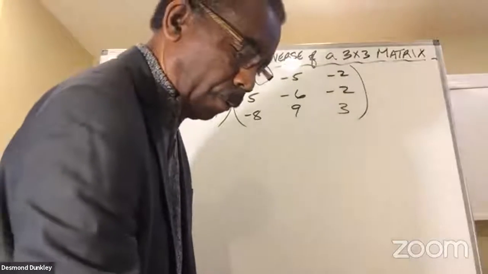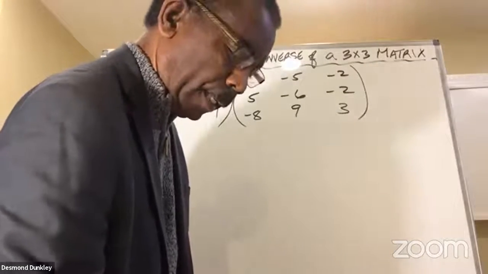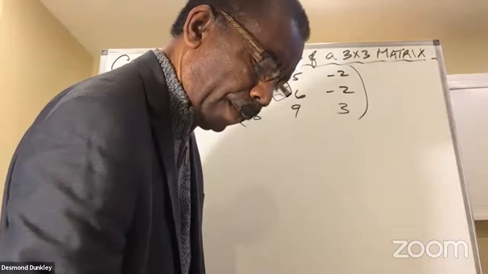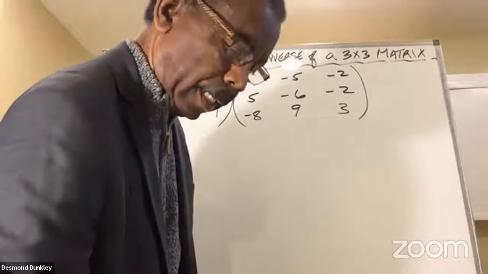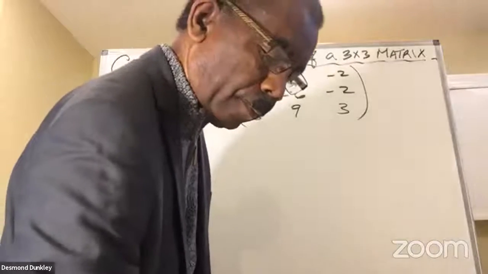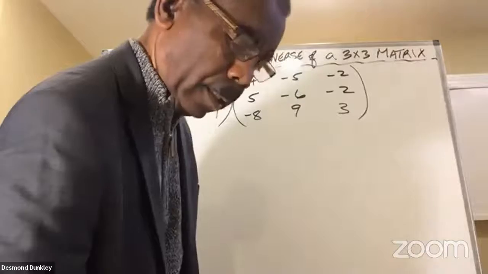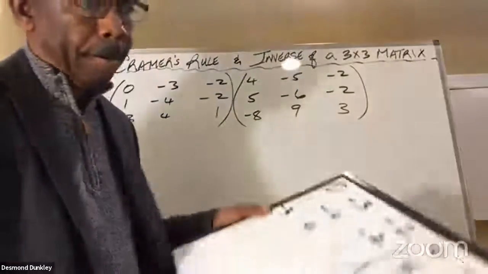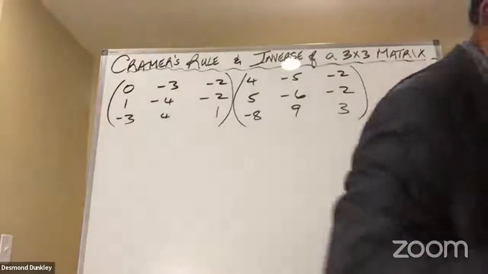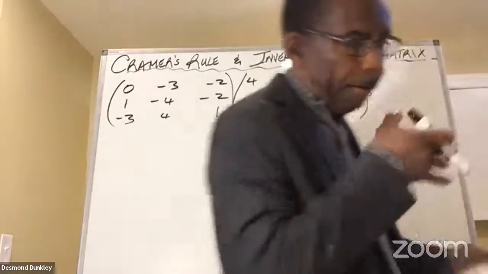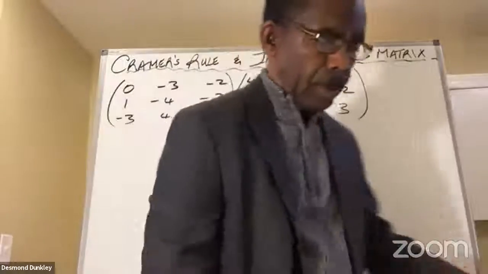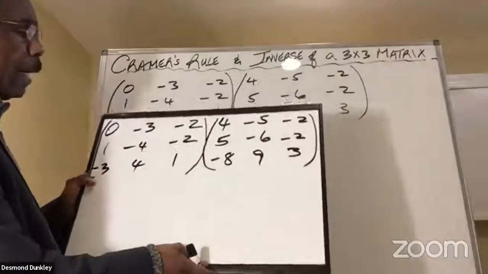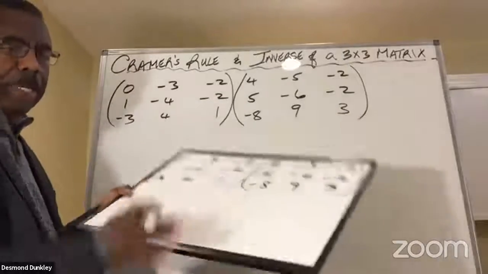The other one is 4, 5, -8, -5, -6, and 9, and -2, -2, and 3. Okay, so what I've done is that I've copied the two matrices, and I'm going to work with just one and see if I get the other one.